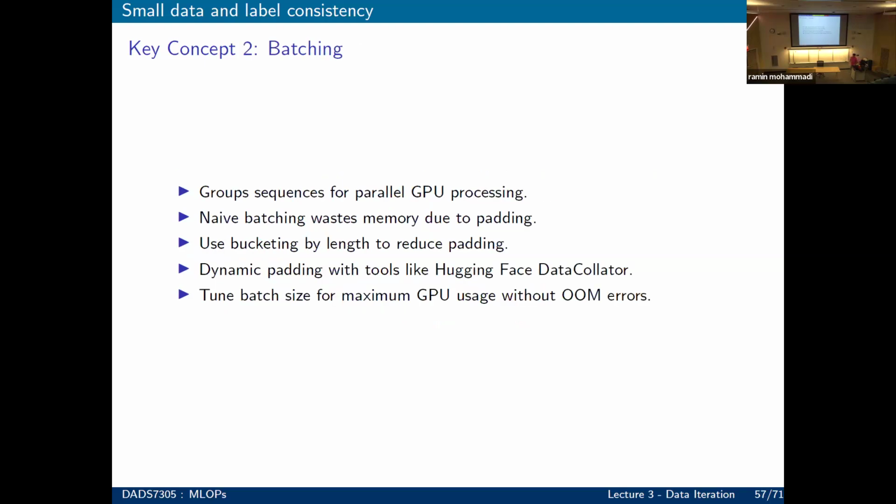Then when it comes to batching, which we were talking about here, be sure that you batch with respect to length instead of naive batching. Also, for batch size, be sure that you respect the GPU that you have. The first time, do a test to see how much data you can load onto your GPUs before you get out of memory, right?